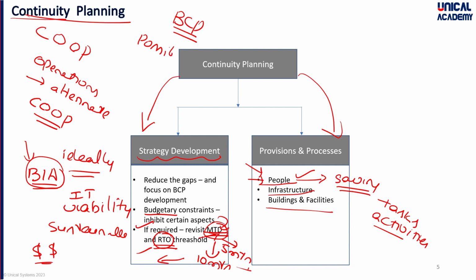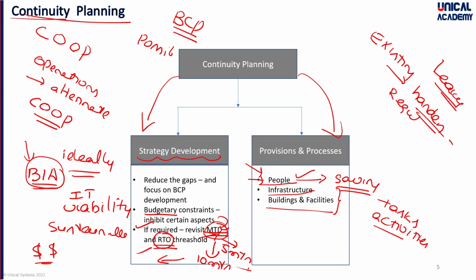This goes in two ways: infrastructure and building of existing. How can you harden the systems or infra? Maybe taking care of the leaky roof, maybe taking care of the regular backup of existing systems, or maybe taking care of the air conditioning required to maintain certain critical operations.